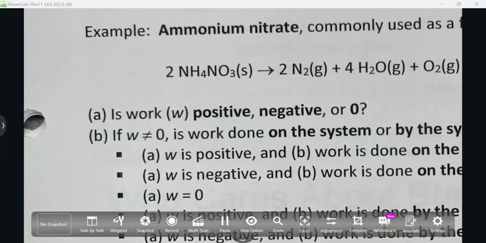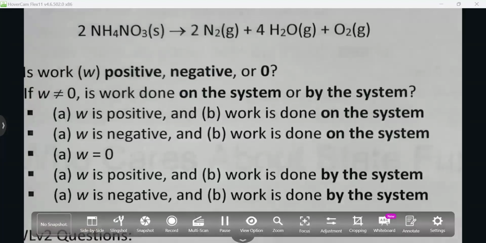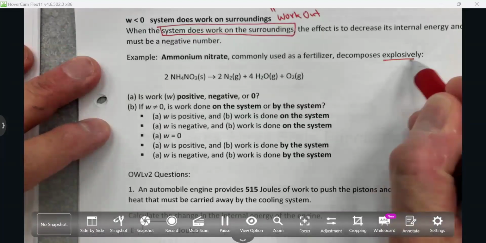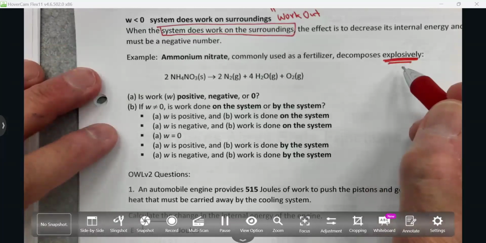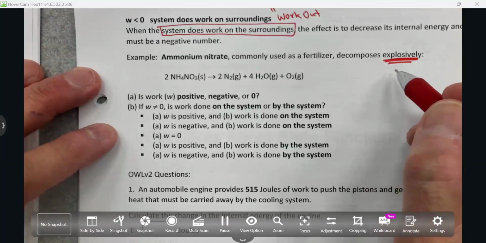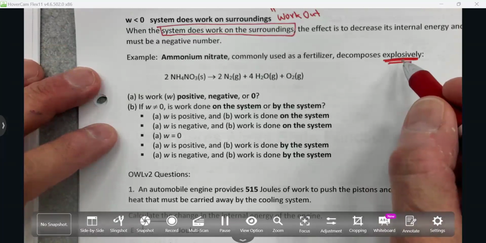Okay, so now if this explodes, we're just going to look at this. If this decomposes explosively, do you think you can get some work out? You think you can raise a book by blowing the damn thing up? We can raise the roof on this building, correct?